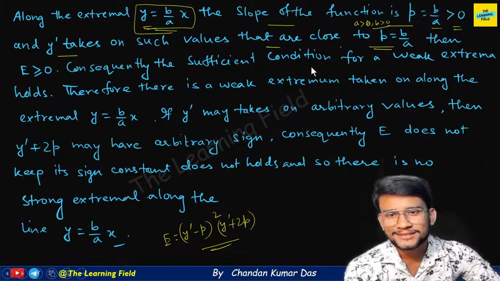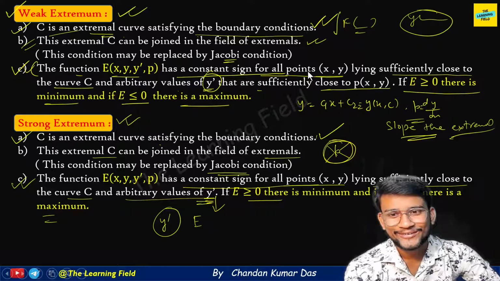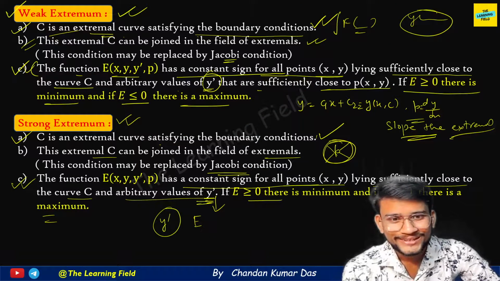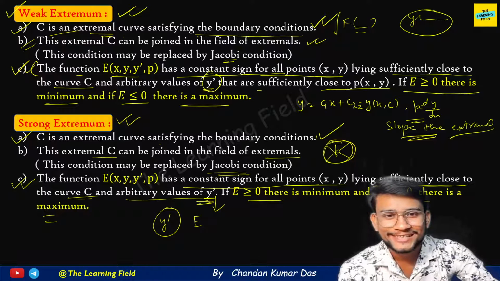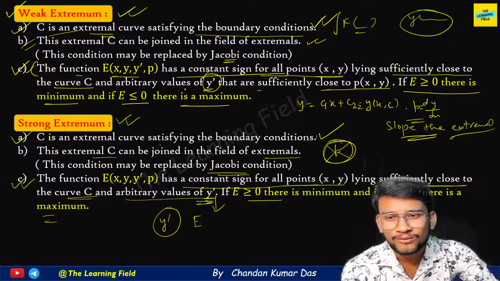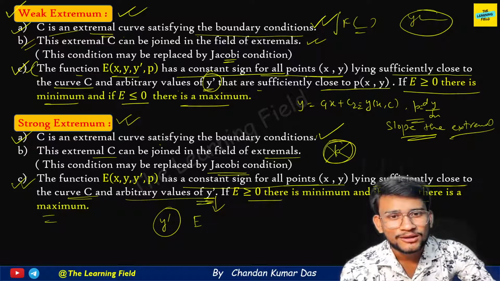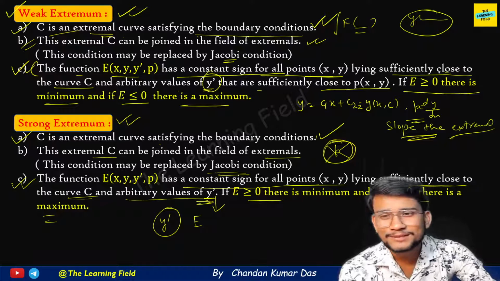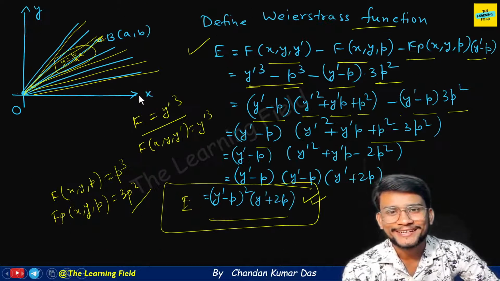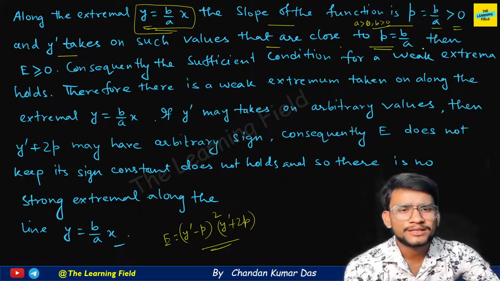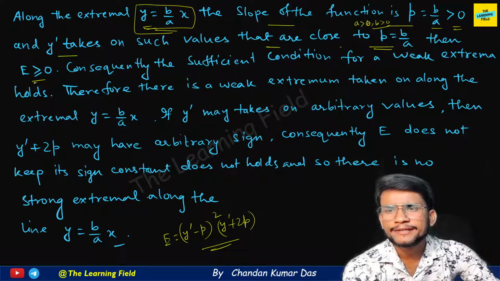So here in the third condition, the values lying sufficiently close to the curve C, and sufficiently close to p, then E is greater or equal to 0.